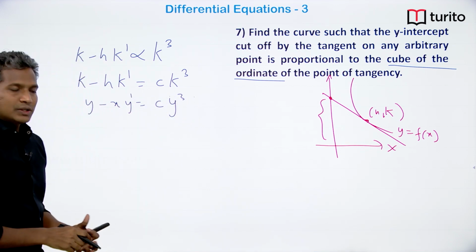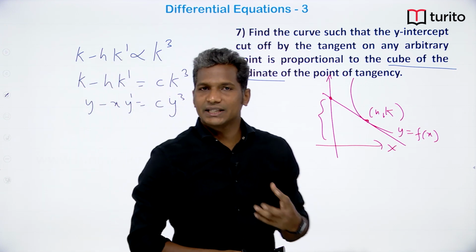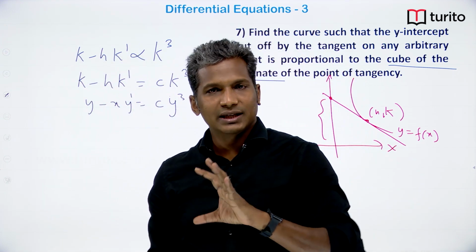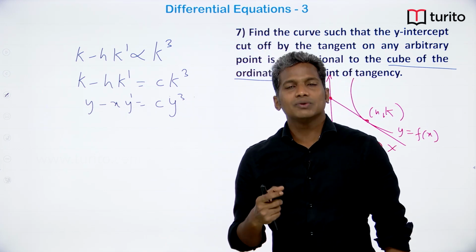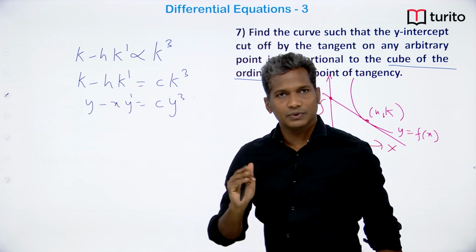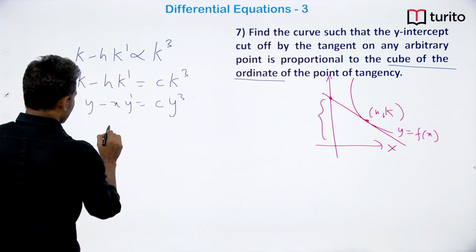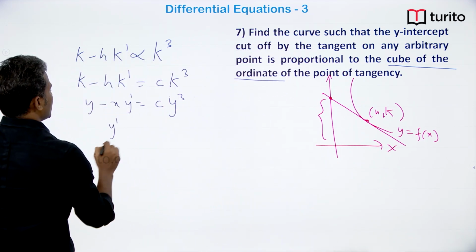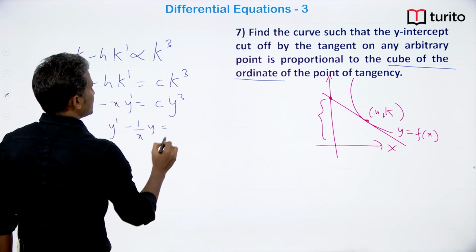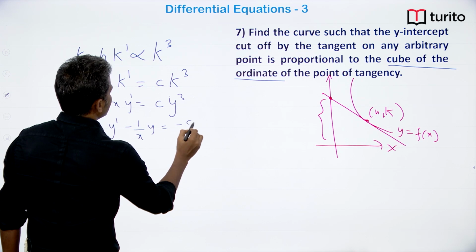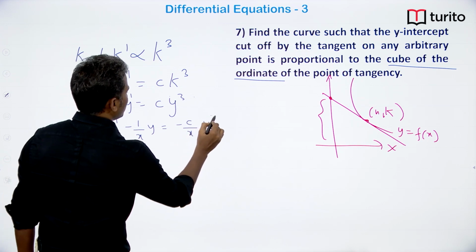If you observe the LHS, it is basically a linear form, but the RHS is actually causing trouble. So we may have to divide by y cube. Before that, let me just write this in standard form: y dash minus 1 by x into y is equal to minus c by x into y cube.